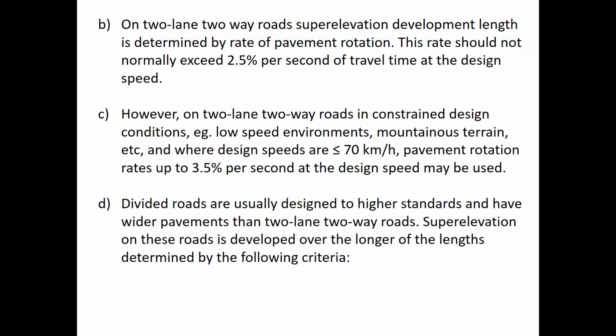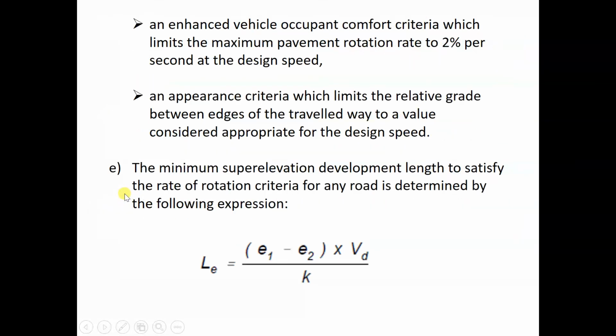We have such roads like that. But the divided road has a higher standard than the undivided road. So correspondingly, the standard for super elevation will be higher. For the divided road, the maximum pavement rotation is limited to 2% per second.